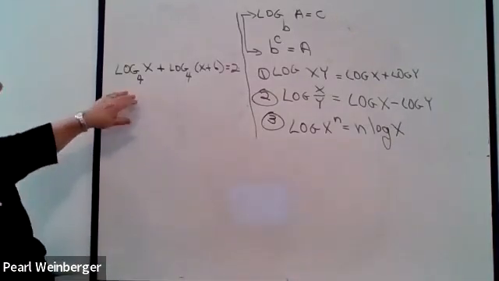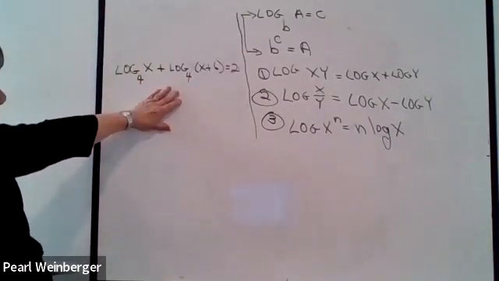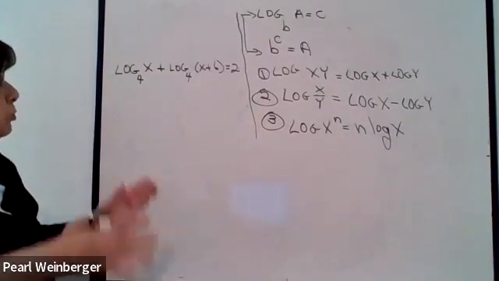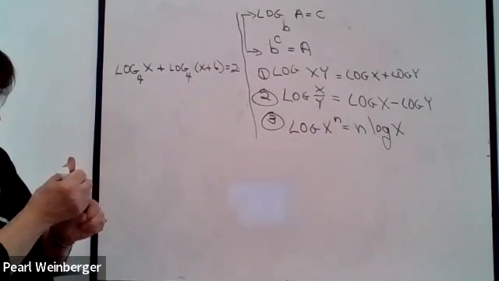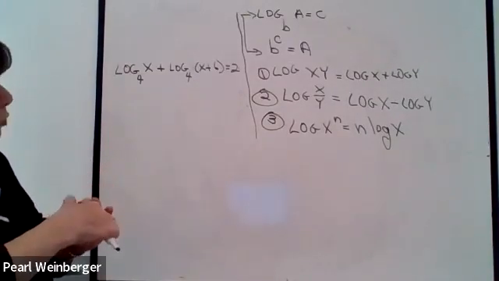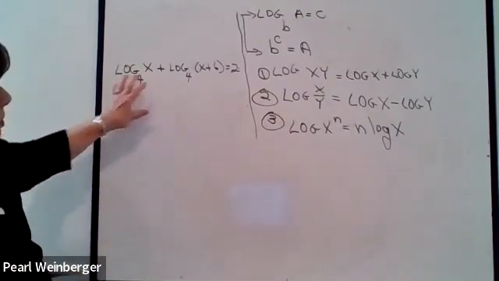Okay, so again, we have this situation where we have two logs on one side equaling a number. And we said what we want to do is make sure we have only a single log in the question before we try to switch it to the exponential form. And again, I see a plus between these two logs.